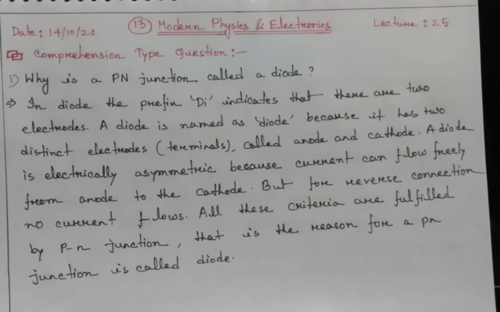So all these criteria needed for a diode are fulfilled by the p-n junction, and that's why the p-n junction is called a diode. The p-n junction shows the same characteristics as a diode.